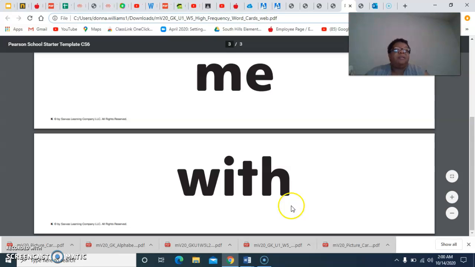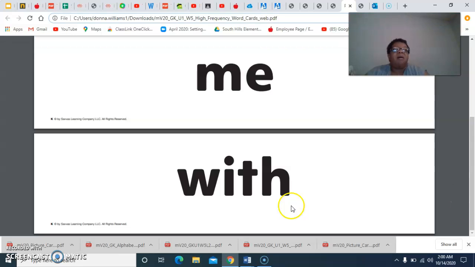I remember in first grade, that was a word I always forgot, the word with. So try your best to remember when you see that word is with. But that's something I remember even now, that was one of my words that I always had trouble remembering for some reason. So make sure and practice your words, your sight words.